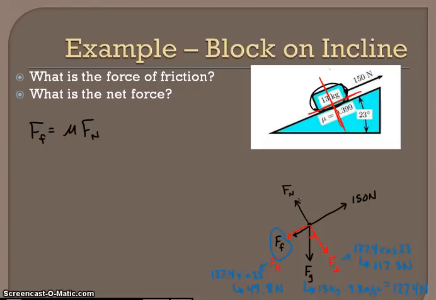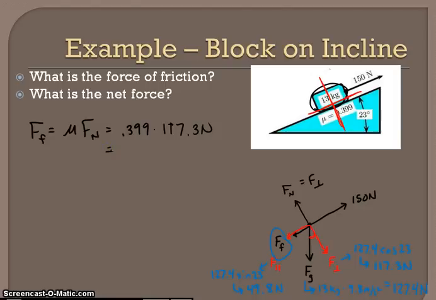Okay, and so my coefficient of friction is 0.399, and my force normal is equal to my force perpendicular, and my force perpendicular is 117.3 newtons.